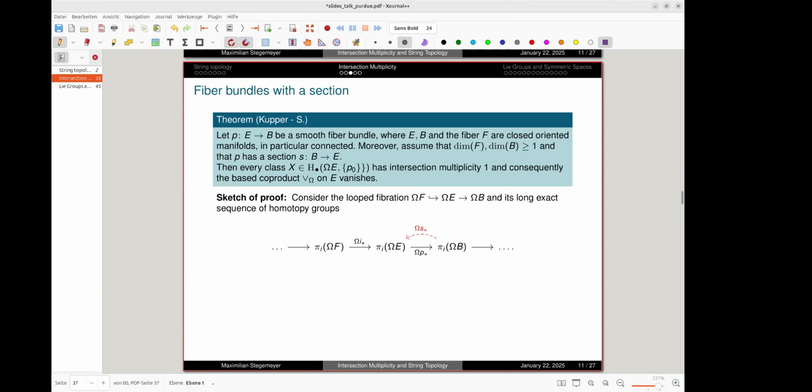So you get sections for each i of this long exact sequence, and therefore many short exact sequences which are split. And so we get nice isomorphisms from the homotopy group of omega E to the direct sum of the homotopy group of omega B with the homotopy group of omega F. And of course, this direct sum is isomorphic to the homotopy group of the product omega F times omega B. So far so good.